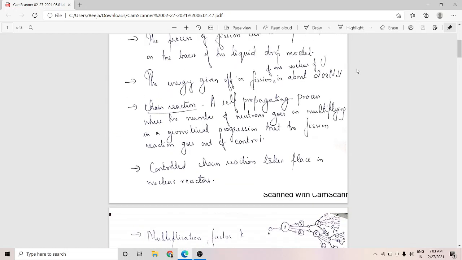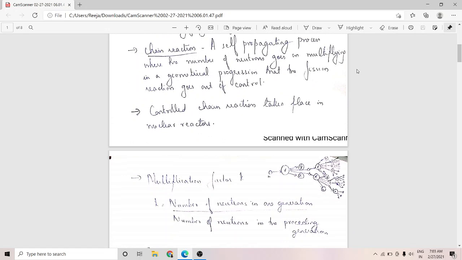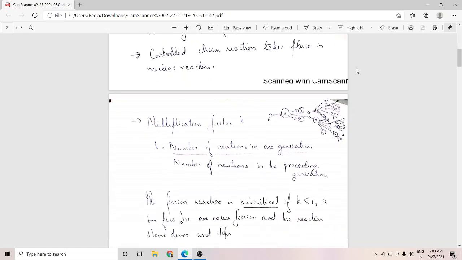Now, controlled chain reactions take place inside the nuclear reactors. When we have to distinguish between chain reactions and the controlled chain reactions which take place in the nuclear reactors, we define something called the multiplication factor K. Multiplication factor K is the ratio of the number of neutrons released in one generation to the number of neutrons in the previous, that is, preceding generation.